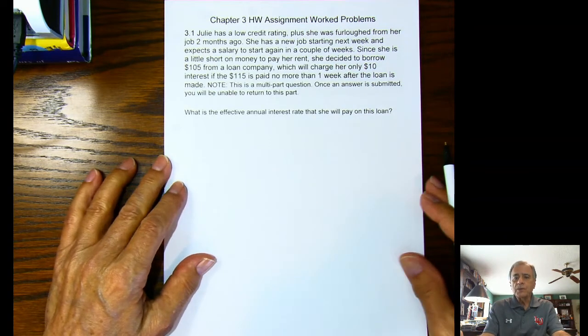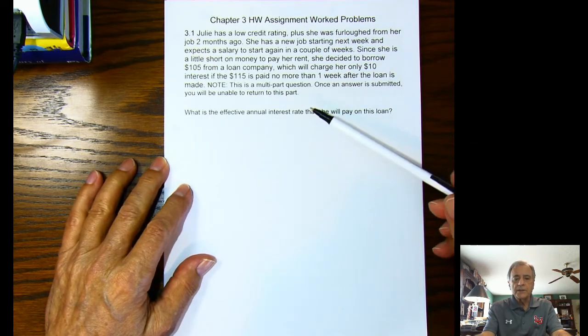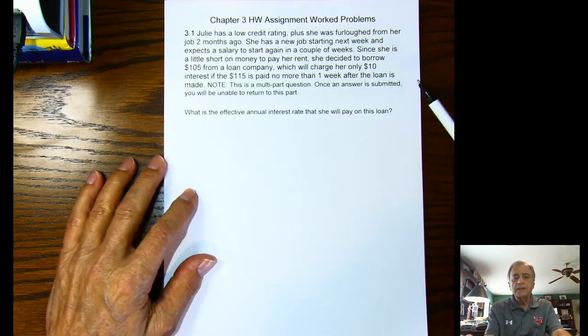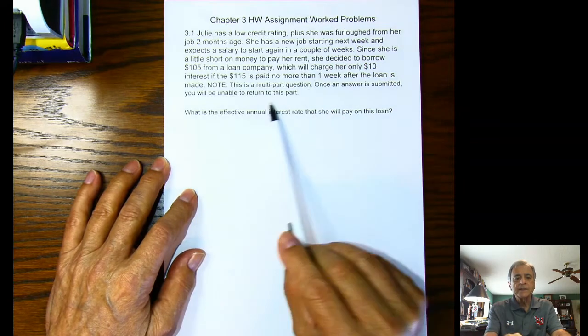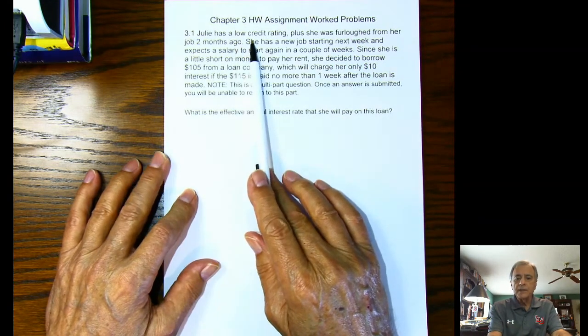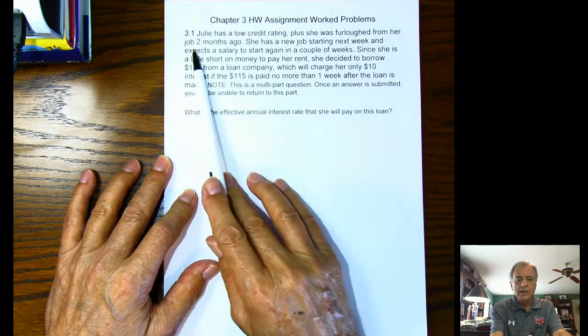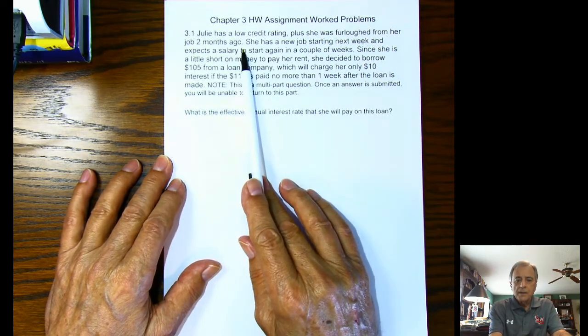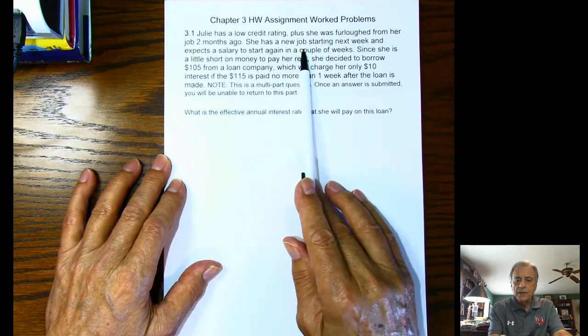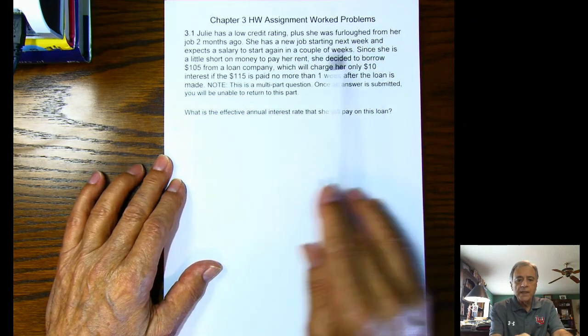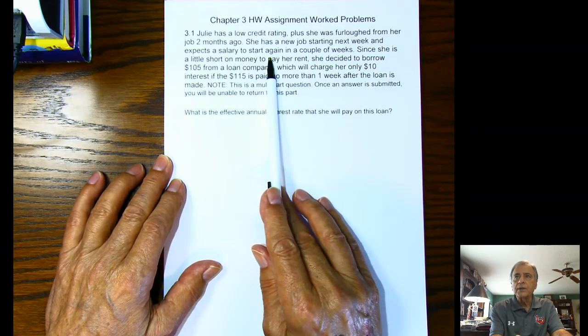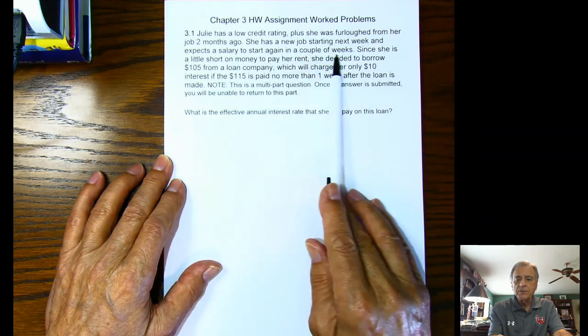So the first problem we're going to look at is Chapter 3, Problem 1, when I accessed it at least. Julie has a low credit rating, plus she was furloughed from her job 2 months ago. She has a new job starting next week and expects a salary to start again in a couple of weeks.